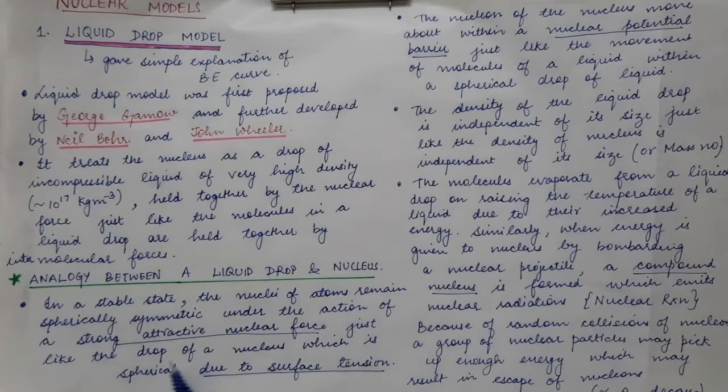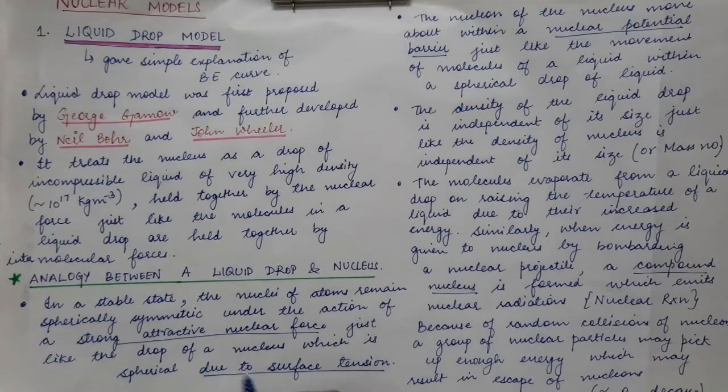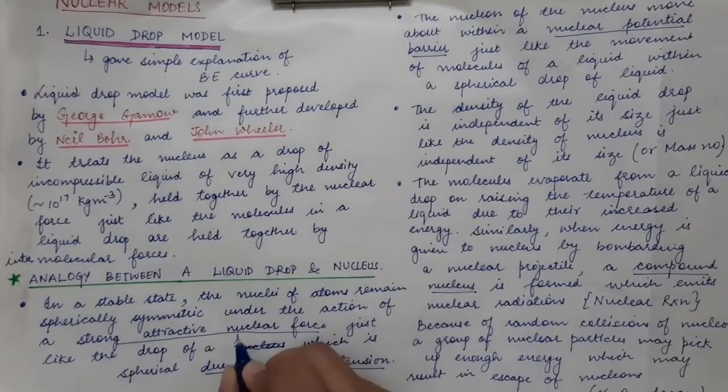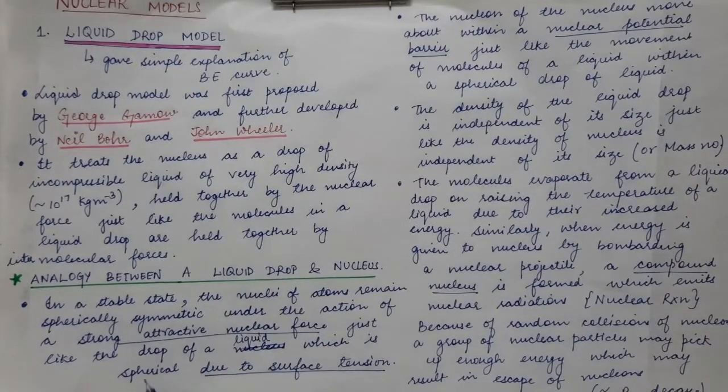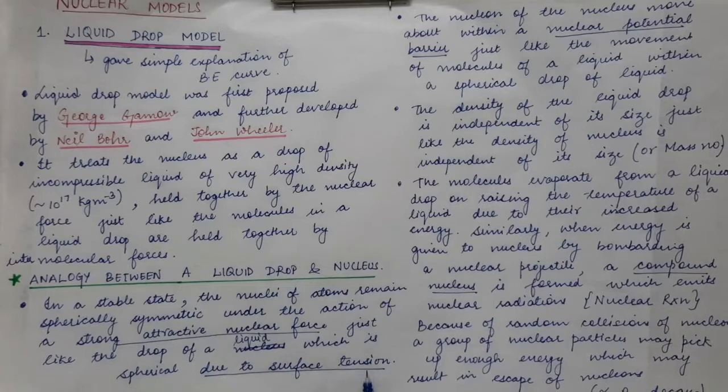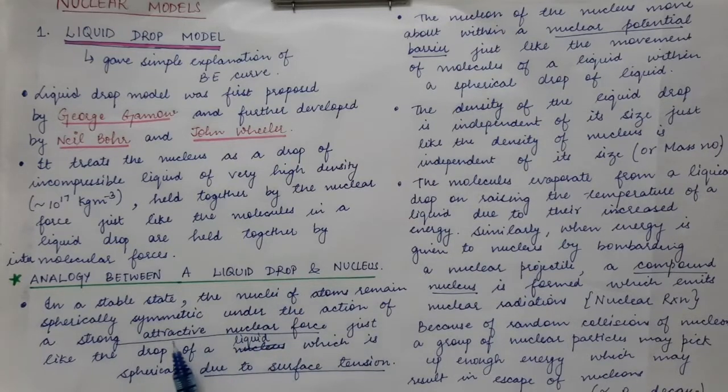Just like a drop of liquid, which is spherical. The drop is spherical due to the surface tension. So in the case of the nucleus, we have the attractive nuclear force; in the case of a liquid drop, we have surface tension. This is the similarity between the two.